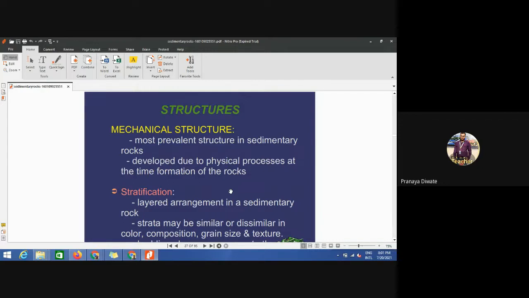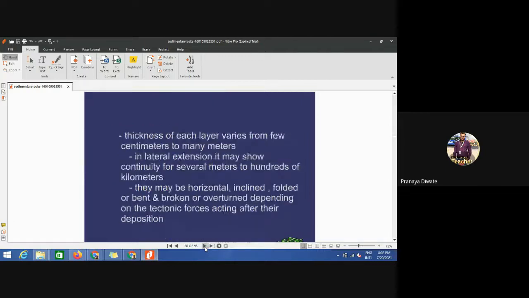So there is layer arrangement in a sedimentary rock. Strata may be similar or dissimilar in color, composition, grain size, and texture. The thickness of each layer varies from a few centimeters to millimeters. In lateral extension, it may show continuity for several meters to hundreds of kilometers.